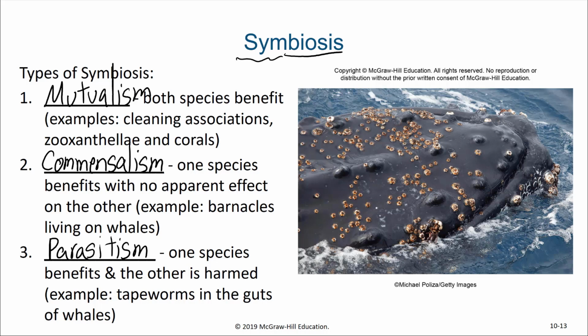The whales do not get benefit, and in fact, they do not get to take advantage of all of the resources that they are consuming because of these tapeworms. And occasionally, parasites can result in illness and even death. Now, rarely is it the goal of the parasites to cause immediate death of its host, unless it's simply an intermediate host and the parasite is using it to get to another host. But the parasite benefits as long as its host remains alive.